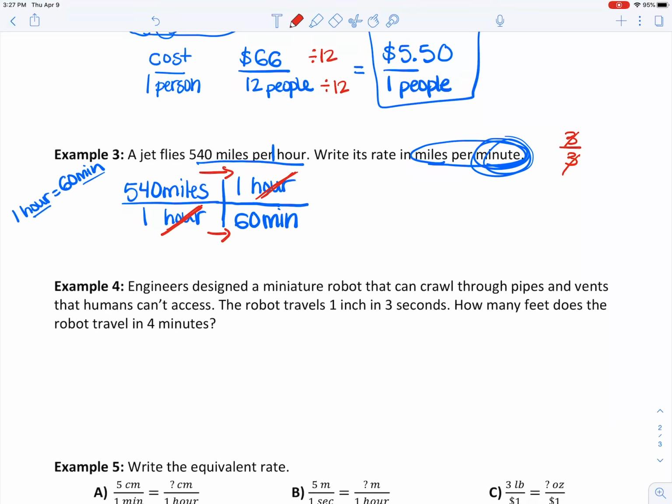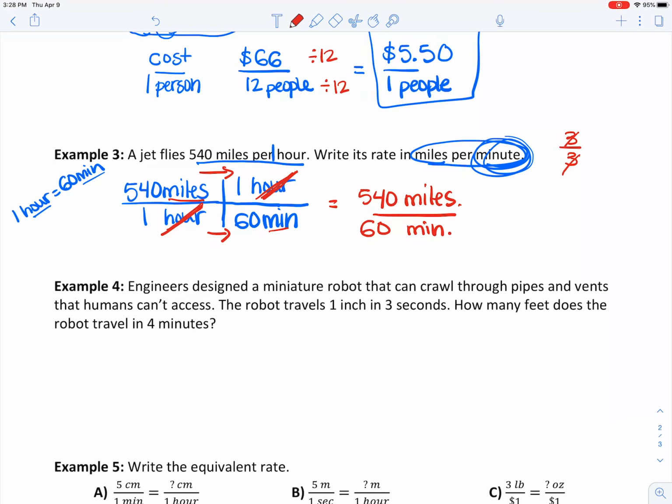Now what I do is I multiply going across to get my final answer. So I have 540 times 1, which is 540. And my hours got canceled out, so miles is left. Then we multiply across on the bottom. So I have 1 times 60, which is 60. My hour canceled out, and my only unit left is minutes.